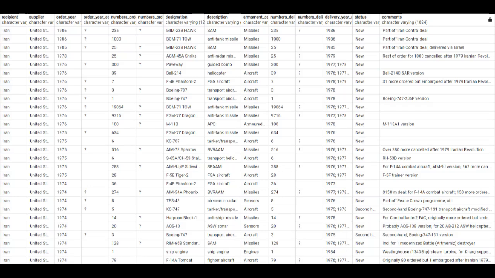But then SIPRI has a comment that says the rest of the order was cancelled after the 1979 Iranian Revolution. So you can see the change over time, where if something happens that the supplier country doesn't like, it will cancel all the orders.